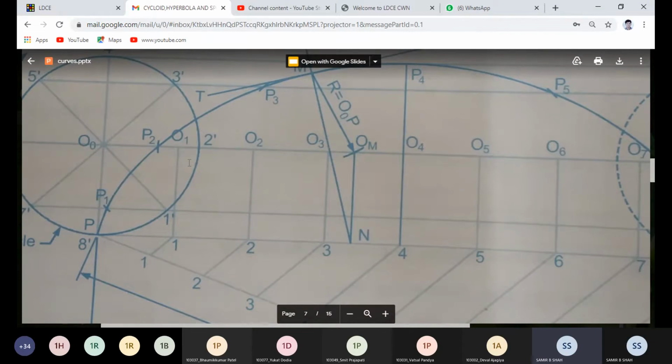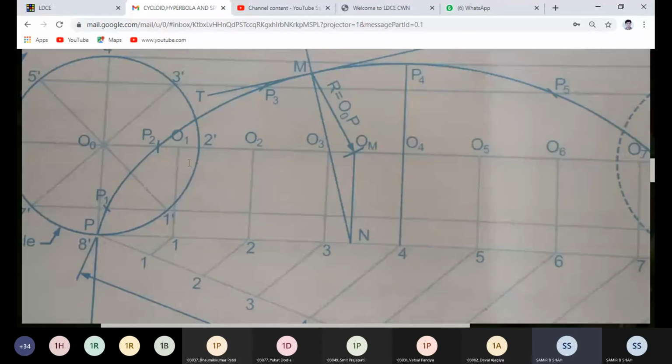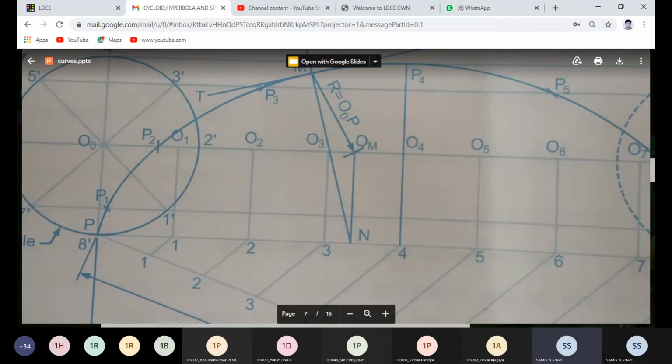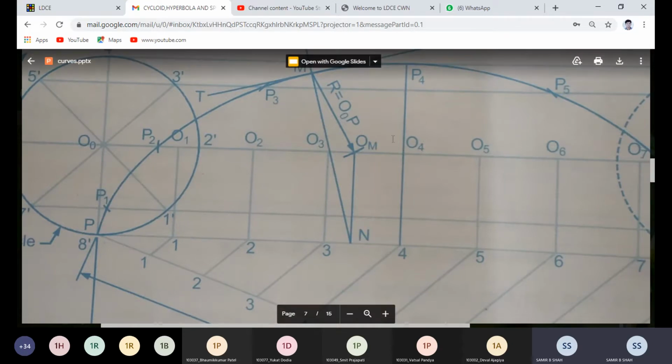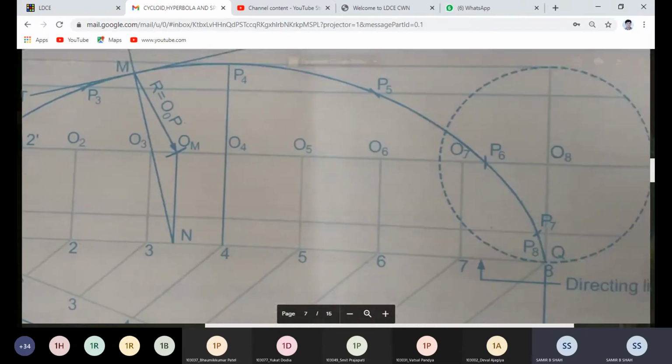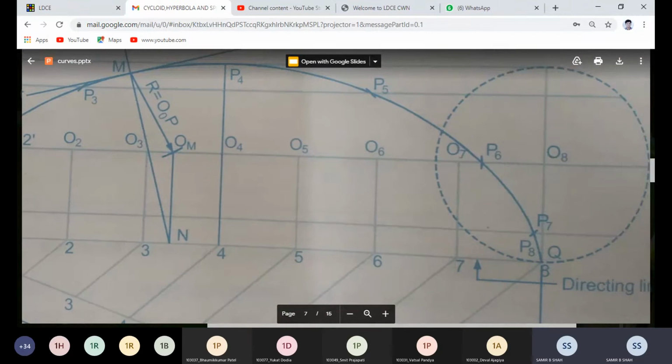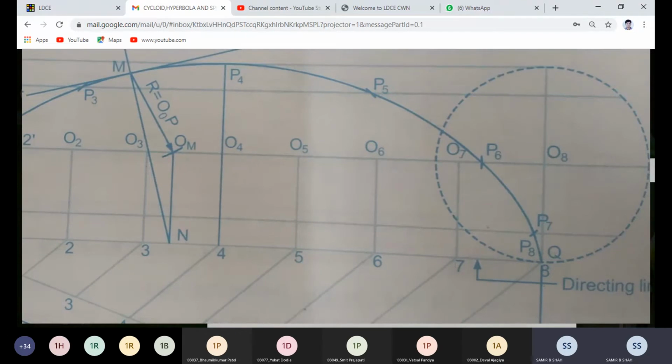With center at O1, it will intersect on line 1, and with O2 it will intersect on the horizontal line 2. Then 3, 3, 4, 4, 5, 5, 6, 6. Every time your center is O1 to O8, but the radius is equal to 25 mm.